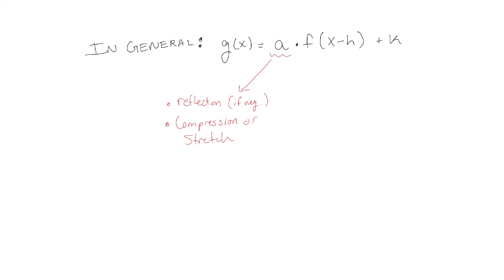Next part is our h. We said our h represents our horizontal shift, and it either goes left or right.